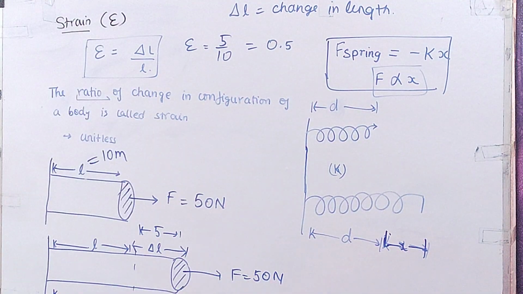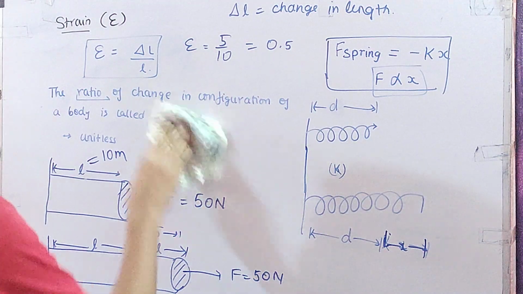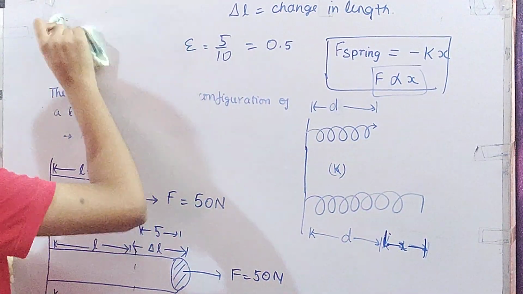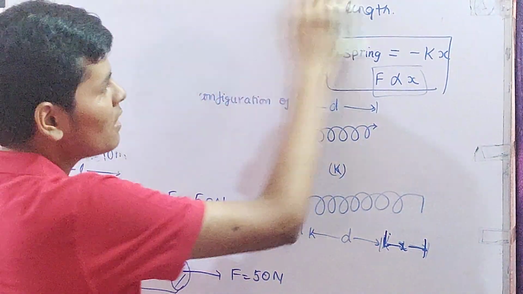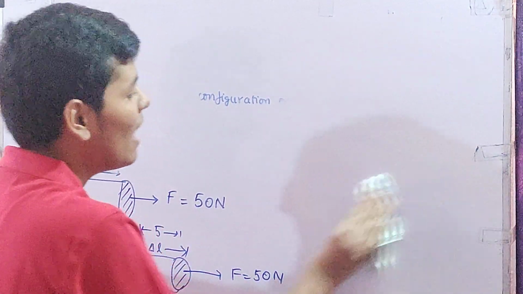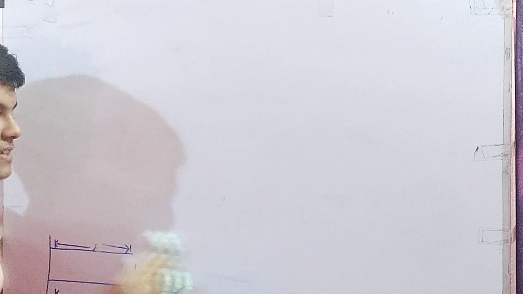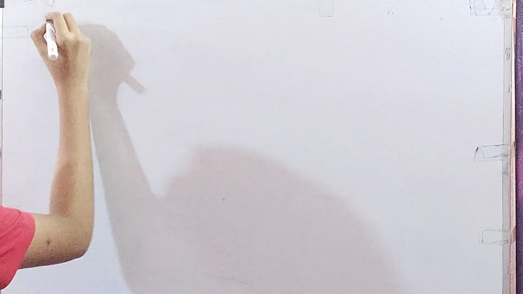Now let us move on to a very important law which provokes the relation between stress and strain. That law is known as Hooke's law. Now what is Hooke's law? Hooke's law was given by a scientist called Hooke, and he has given a law defining the relation between stress and strain. This is Hooke's law.